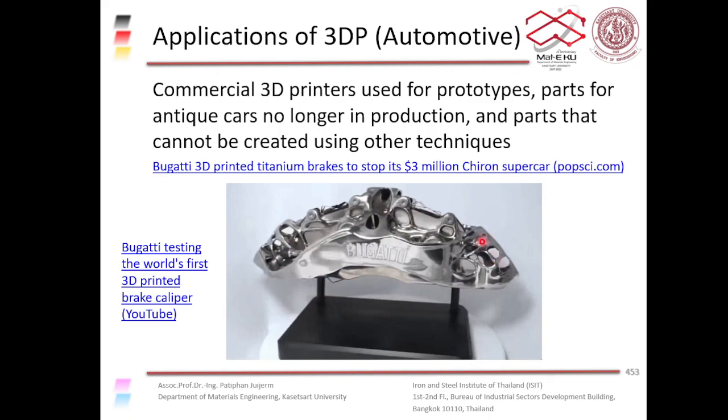The Bugatti Chiron is a $3 million supercar, right? So this is the brake caliper for the Bugatti Chiron.